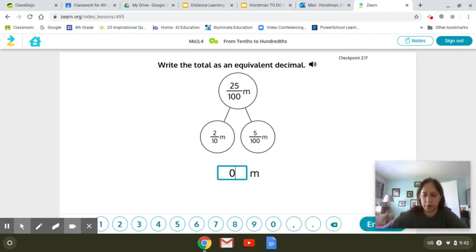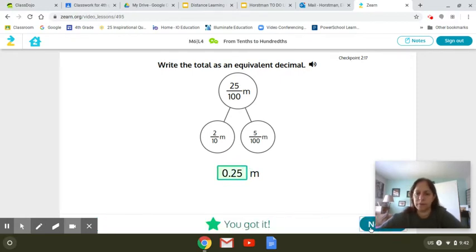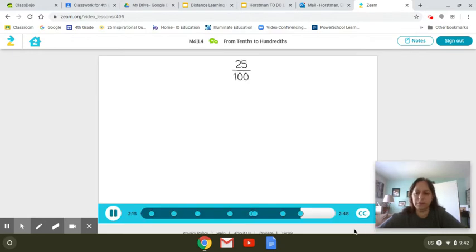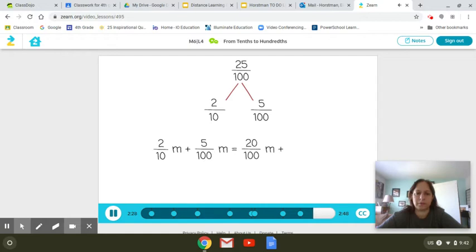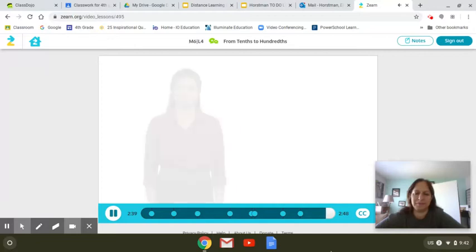So we would write that as 0.25. 25 hundredths is made of 2/10 and 5 hundredths. I know this because 2/10 plus 5 hundredths equals 20 hundredths plus 5 hundredths, which equals 25 hundredths. 25 hundredths can be written as a decimal like this, 0.25.